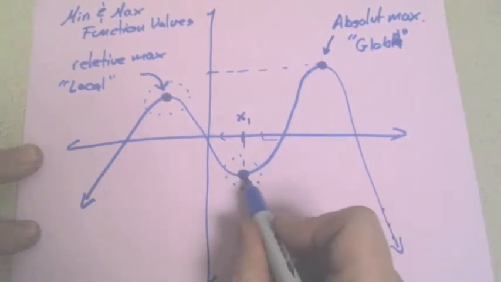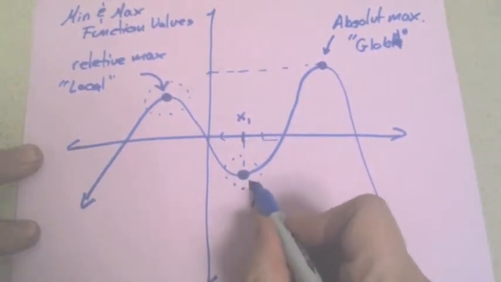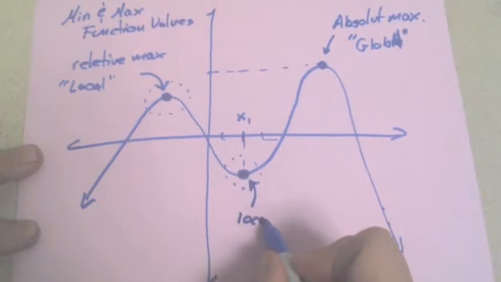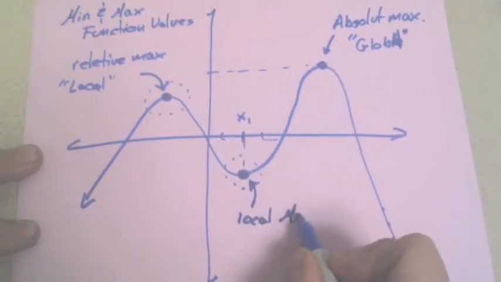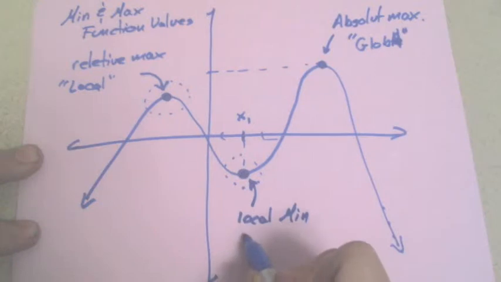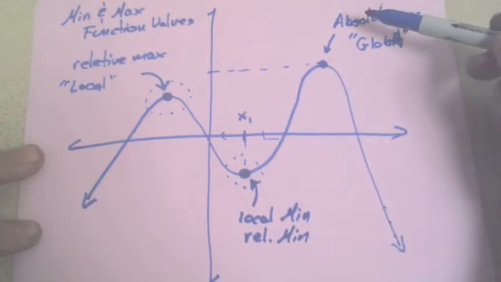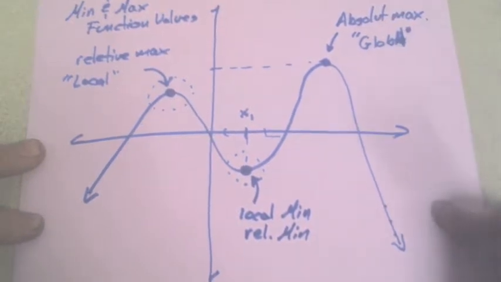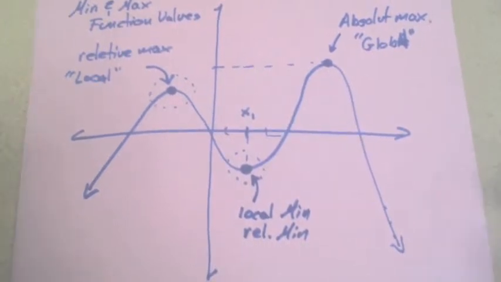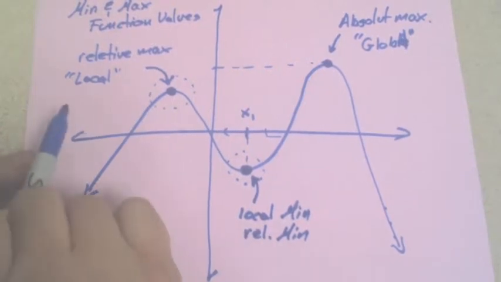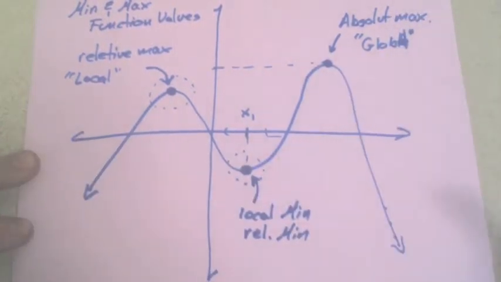So while it's not the absolute minimum, it is a local minimum. Again, often referred to as relative. You can use those words relative and local interchangeably, just like you can use absolute and global interchangeably. So hopefully that explains a little bit of the distinction between local and absolute.